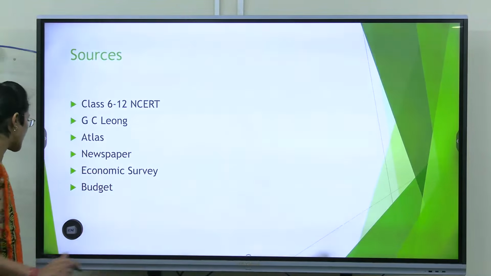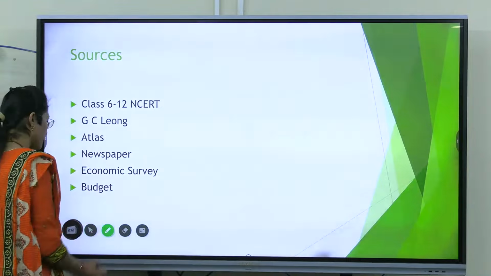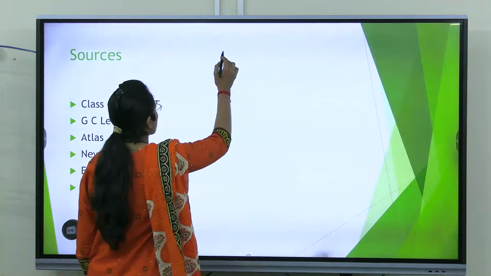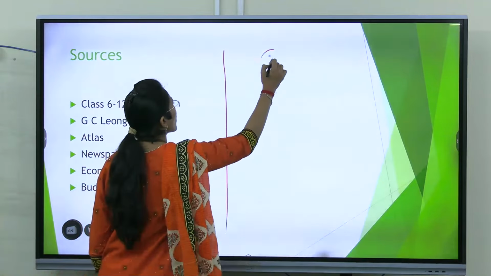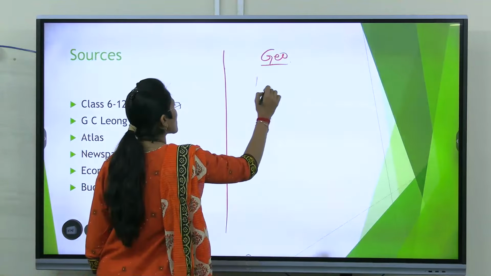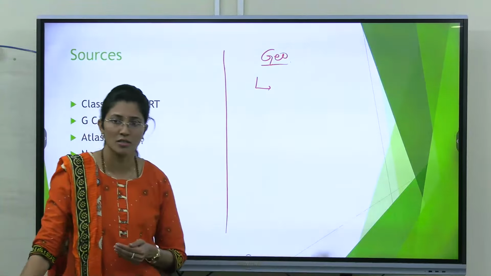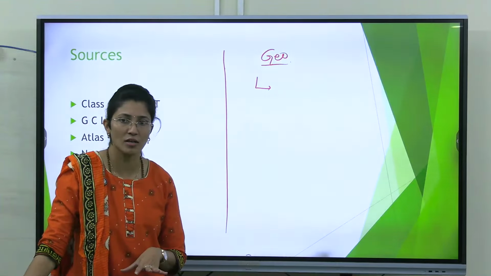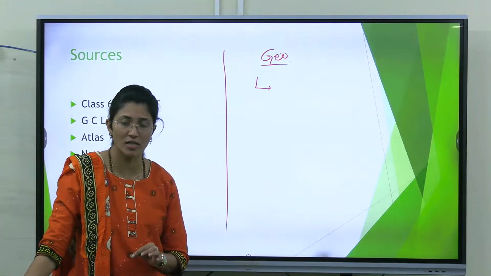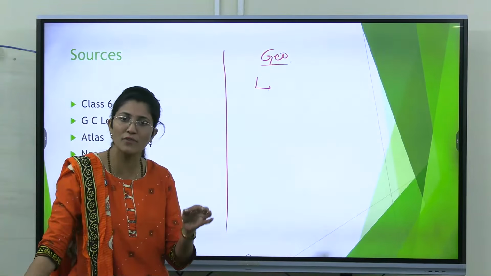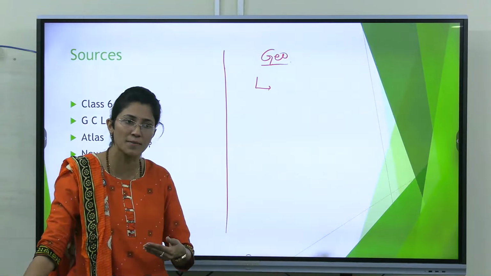So what is the importance of geography for prelims? Let's summarize. Approximately how many questions can you expect from geography? In the past 5 years, we have analyzed the trends. Are the number of questions coming from geography increasing or decreasing?